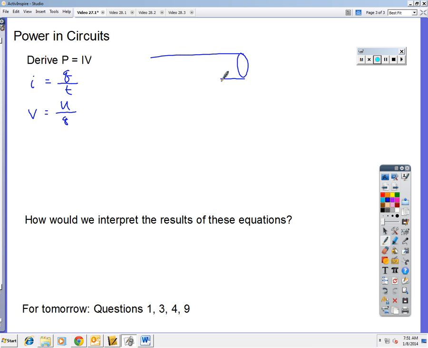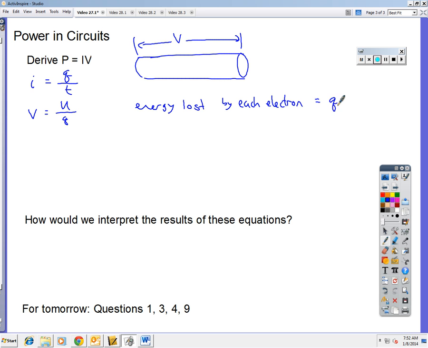Now the idea is that if you've got a circuit element that has a voltage V across it, what this means is that the amount of energy carried by each electron, or the energy lost by each electron, really, is equal to Q times V. But there are a certain number of electrons per second, and so I times T is the total amount of charge.